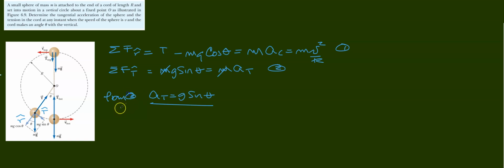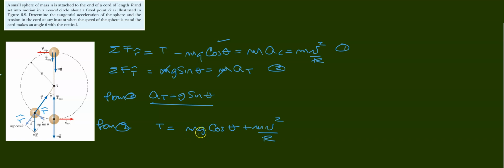So we got this from equation 2. From equation 1, we see that the tension is equal to mg cosine theta, which is this term, plus mv squared over r.